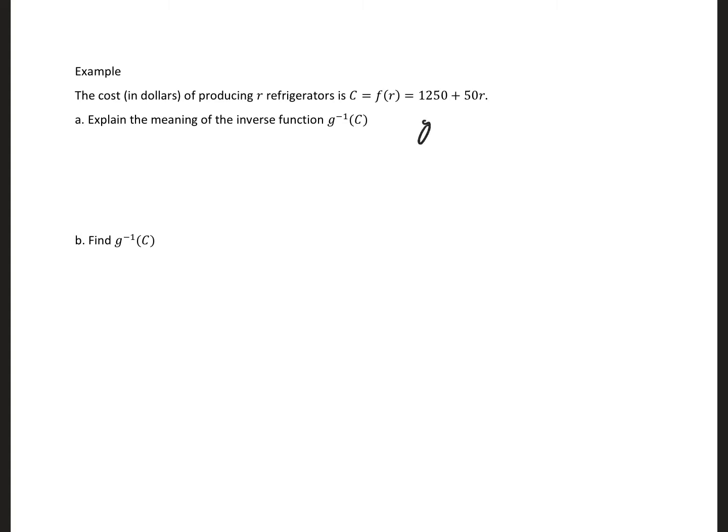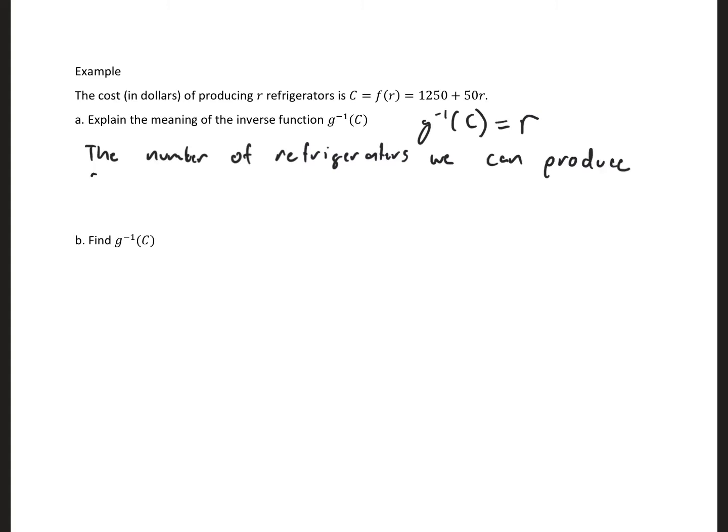We know G inverse of C, we're now putting in a cost and we're getting out a number of refrigerators. So this will tell us the number of refrigerators we can produce for a certain cost.